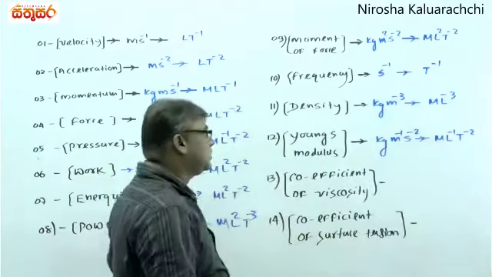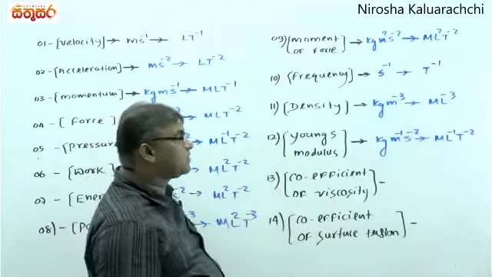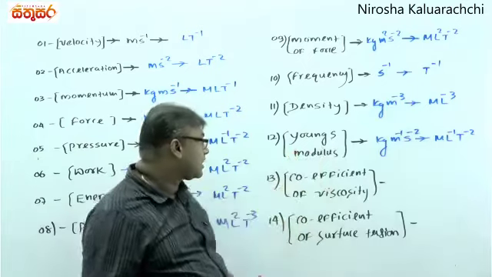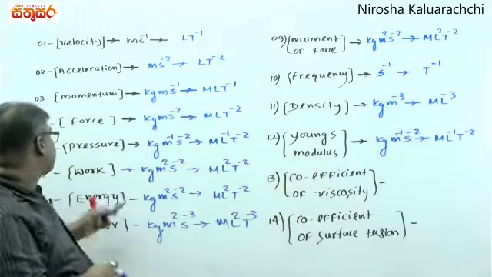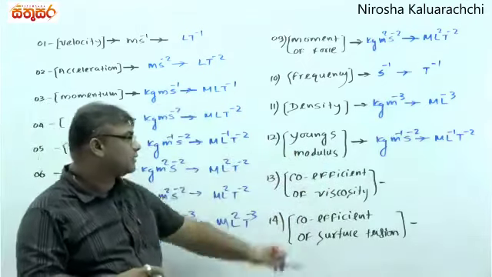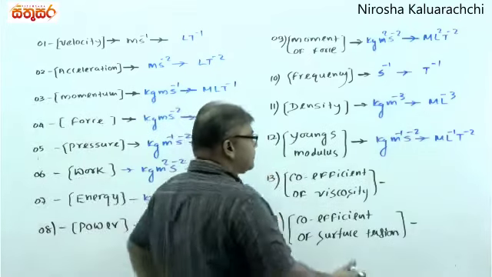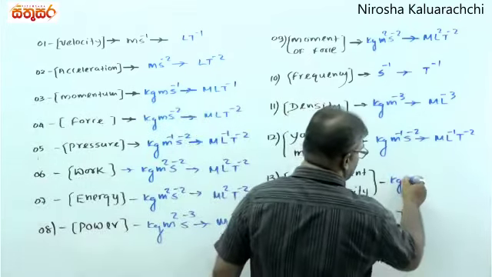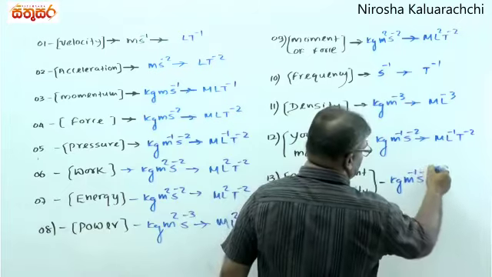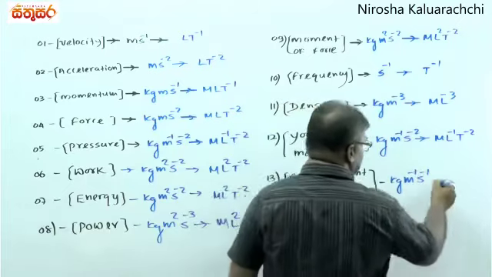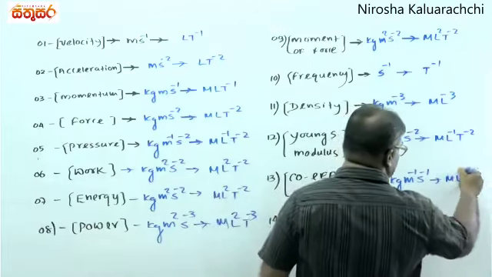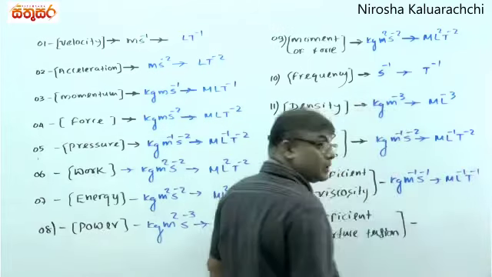Young's modulus has a similar dimension to pressure. Pressure and Young's modulus are the same, no? Coefficient of viscosity: kg m minus 1 s minus 1, dimension M L minus 1 T minus 1.